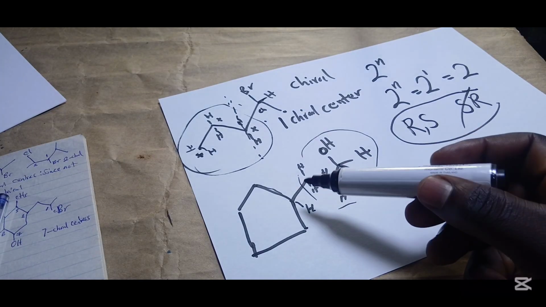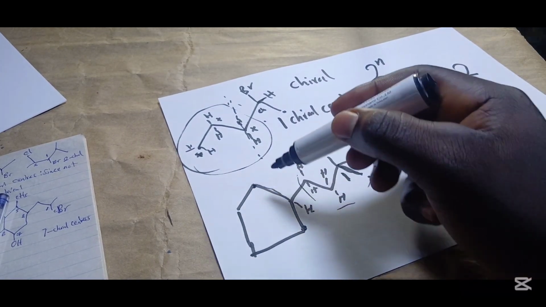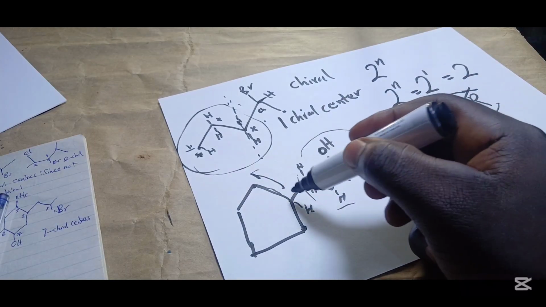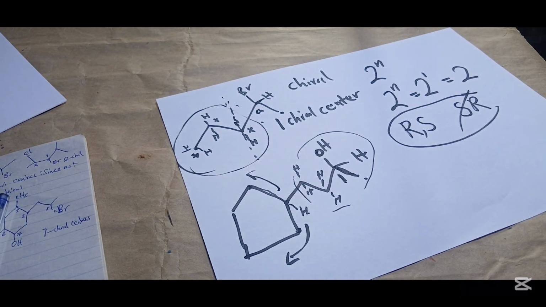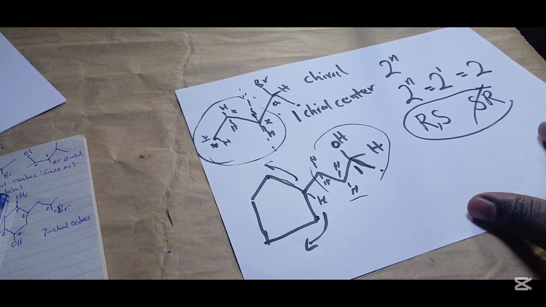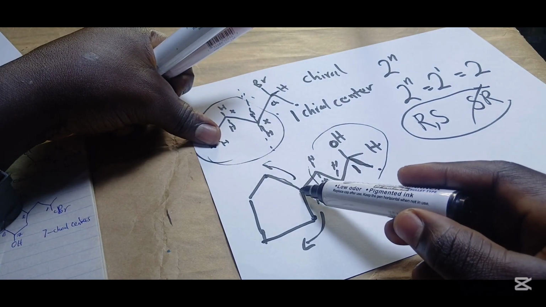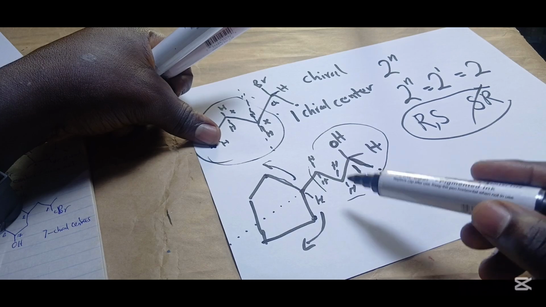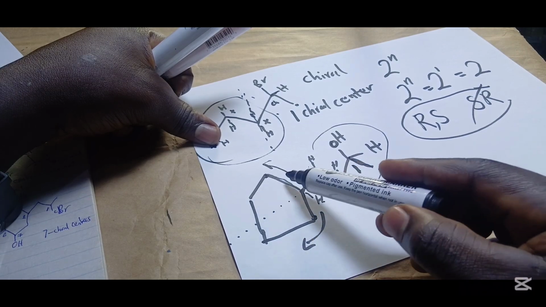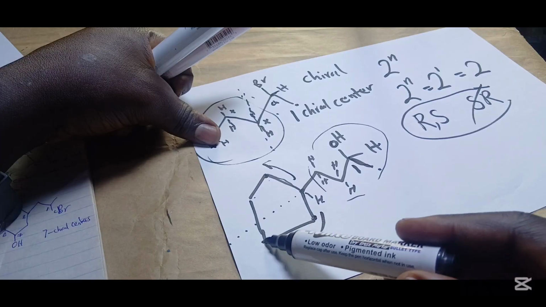So how do we know that this side of the molecule that is attached to the carbon with 4 different groups and that side of the molecule are the same or not the same? Well, we start looking at a plane of symmetry. Here, you can divide this molecule into 2 equal parts, where this side we have an ethyl group, which is 2 carbons, and this side we also have an ethyl group, which is 2 carbons.